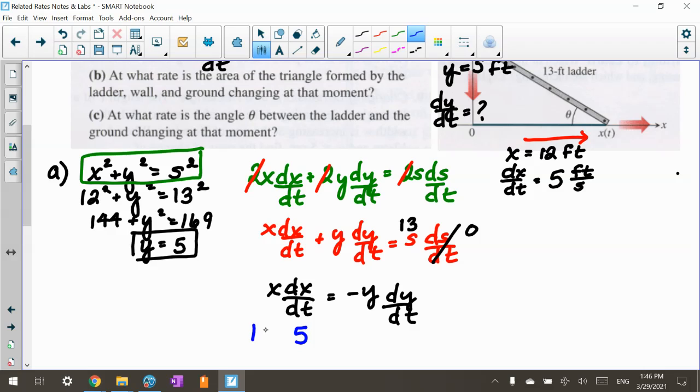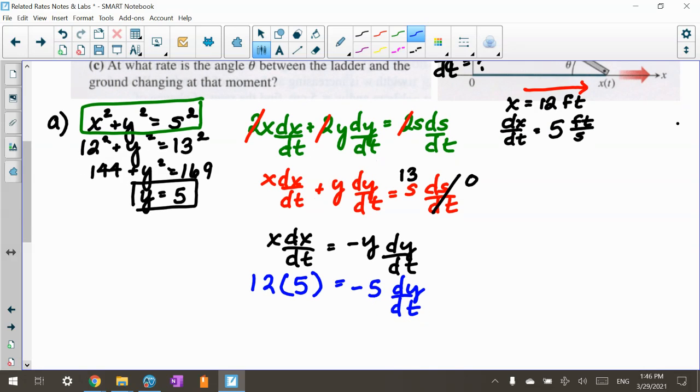My x at that time is 12, so I have 12 times 5. Now, the 12 is in feet, and this is feet per second. Then over here, y is going to be negative 5 feet, and we're solving for dy/dt. So when I divide both sides by negative 5, I get dy/dt equals negative 12, and it's going to be feet per second that it's sliding down the wall.